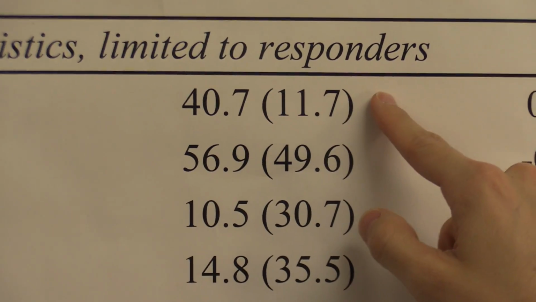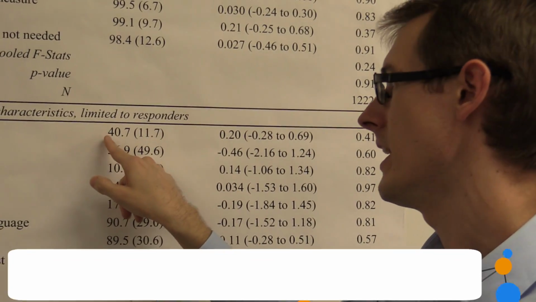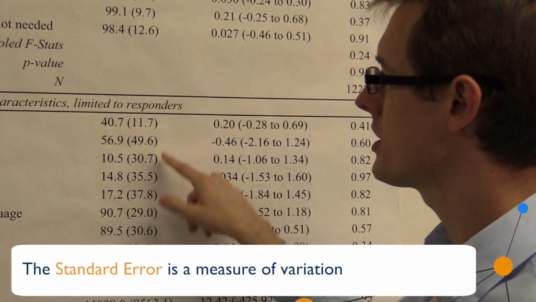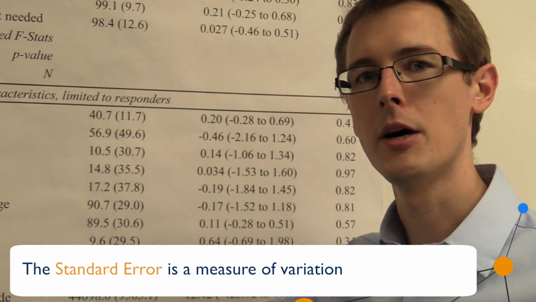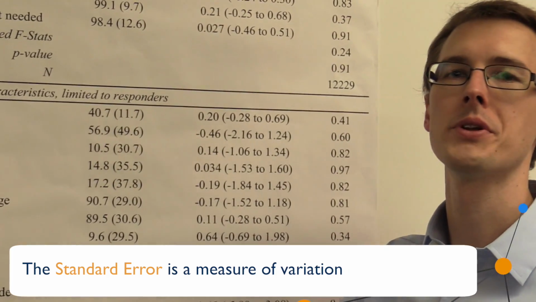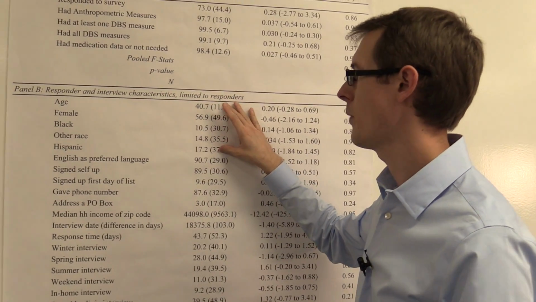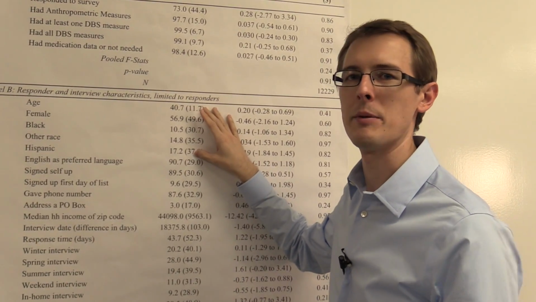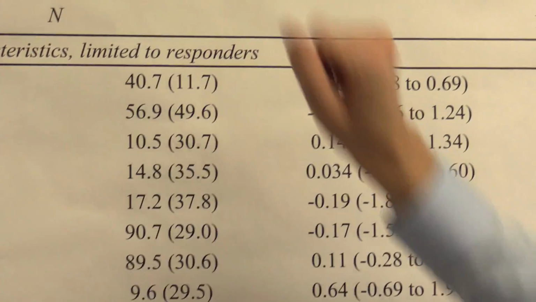Okay, and it's a measure, if you remember from our earlier modules, of the variation in age. So it just tells us what are the largest number, oldest people in our group, what are the smallest, and what's the distribution of that. So it's just a way of summarizing the data and telling us how much variation there is. And they give that for every single one of these.